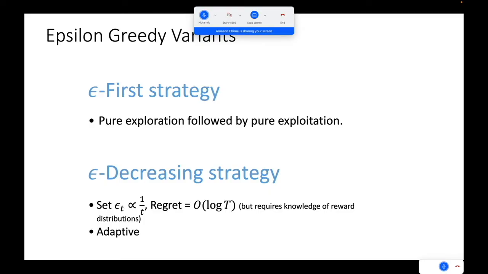If you explore more than is absolutely necessary, then obviously you are making short-term losses, but at the same time, you're also limiting your opportunity to make any long-term gain. Then there are also adaptive strategies where, depending on how the system is evolving, you may lower or increase the exploration percentage.